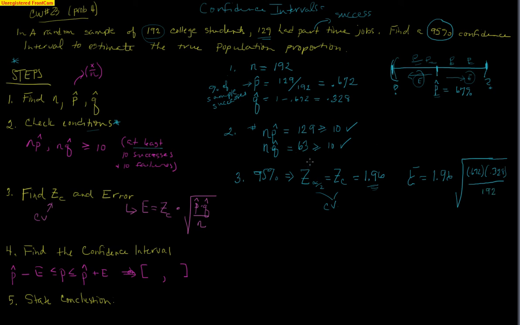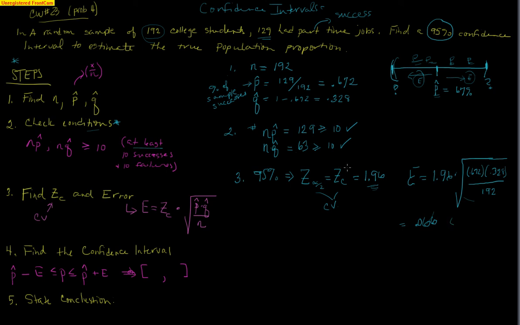Now be very careful with your calculator. I suggest doing everything under the square root sign. Multiply these two numbers together, divide by 192, take the square root, and then multiply that by the 1.96. If you don't get the same answer as me, please be sure to come see me, and we'll make sure you're using your calculator correctly, but you should end up with 0.066.